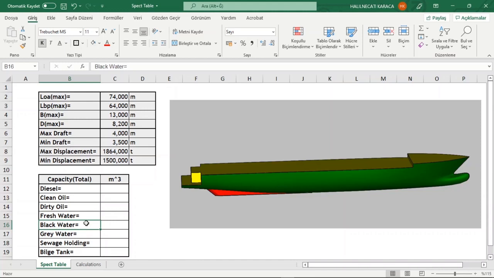We will add its capacity in cubic meters here according to the number of crew. The grey water tank is the tank where bathroom and kitchen water are stored. It's clear how much grey water a person creates in a day. We will add its capacity in cubic meters here according to the number of crew too.